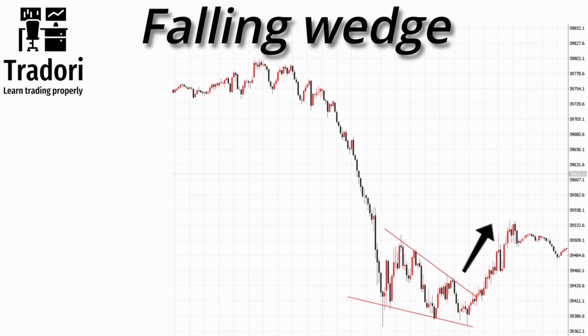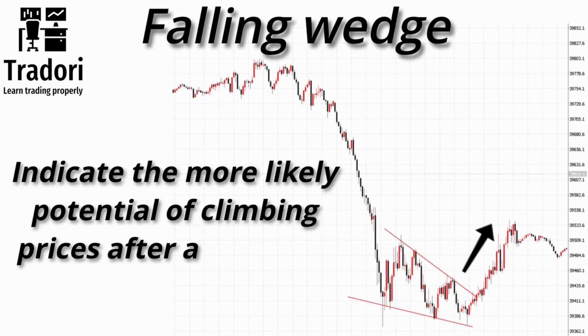When the price breaks the upper trend line, the security is expected to reverse and trend higher. Therefore, a falling wedge pattern indicates the more likely potential of climbing prices after the breakout of the upper trend line. So the rising wedge has a bearish effect, and the falling wedge has a bullish effect.